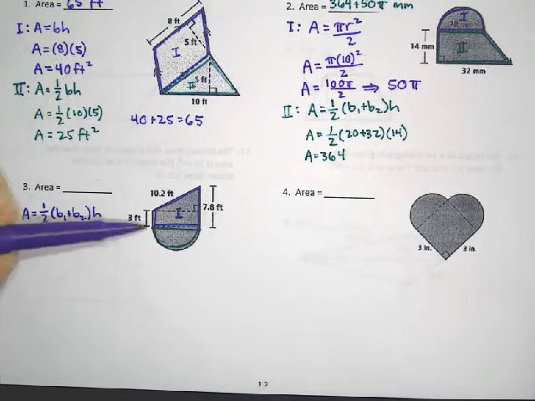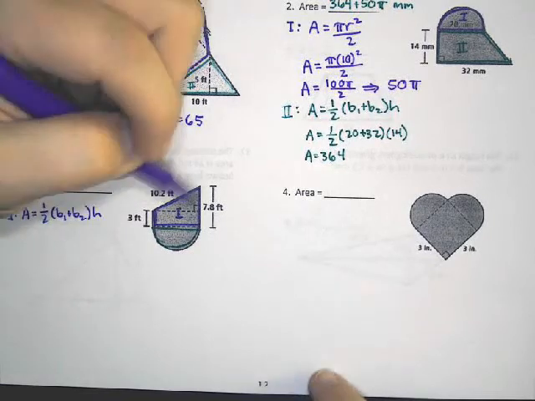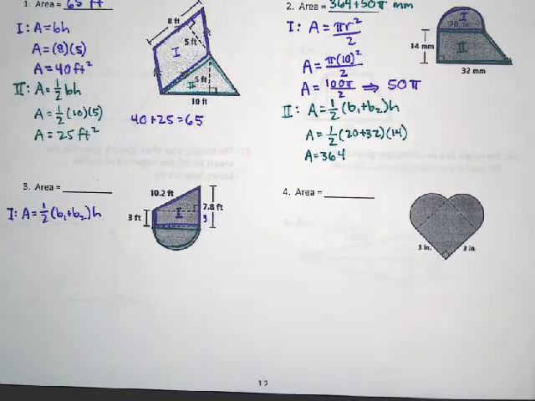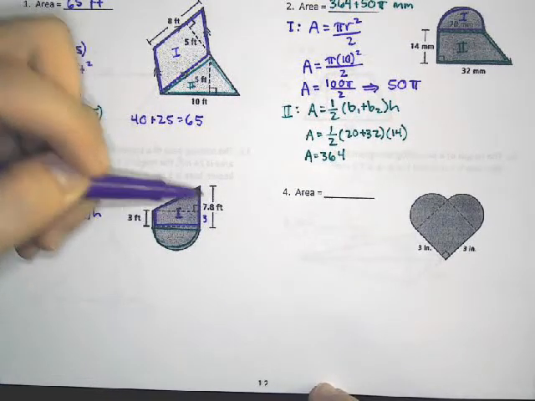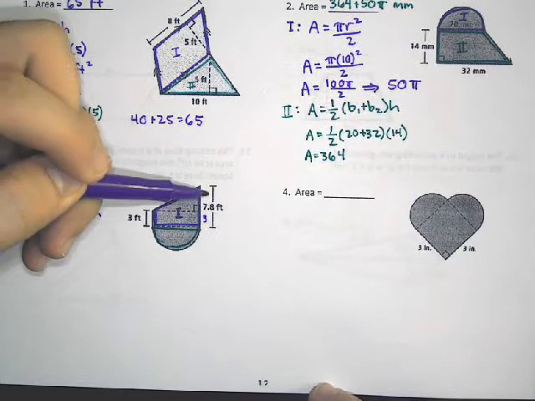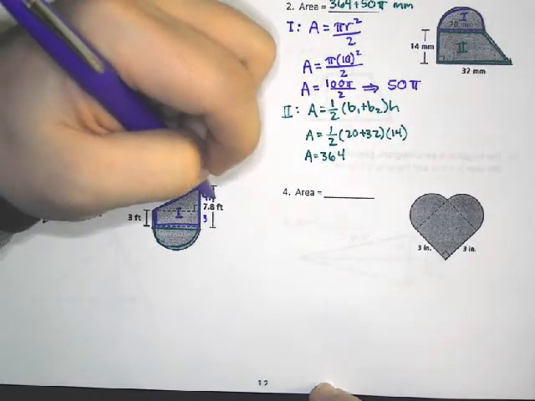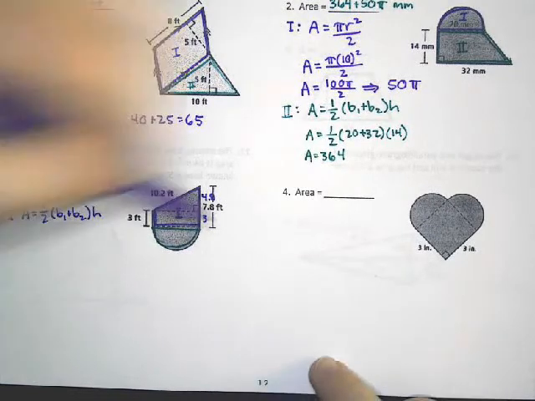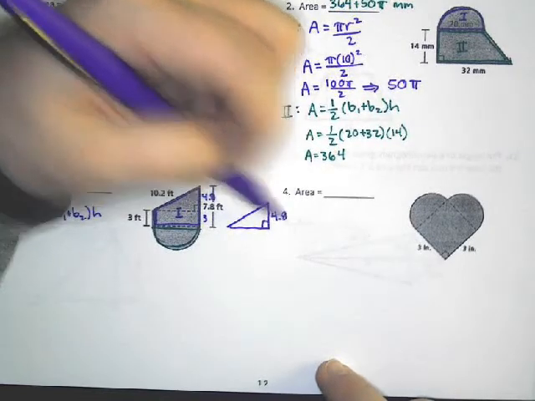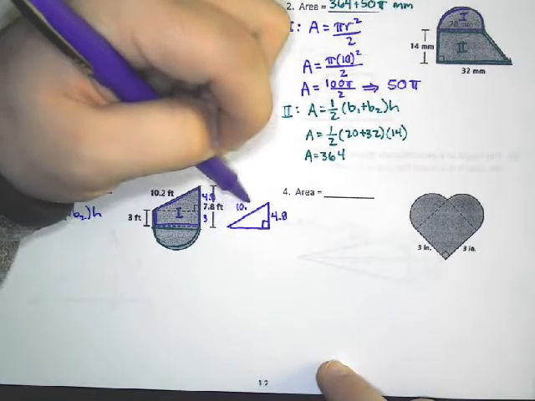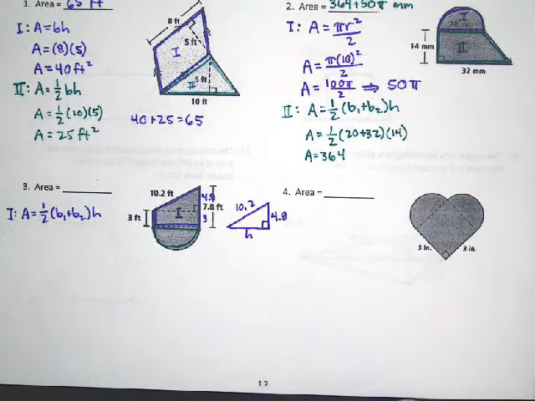What we can remember is if this side right here is 3, okay, then over here is also 3. And if this is 3 and the whole piece is 7.8, well, whole minus part gets you the other part. So what I can do is I can draw a right triangle. And I know that the height's 4.8. And I know that the hypotenuse is 10.2. And I know that I'm looking for the height of the trapezoid. Okay?